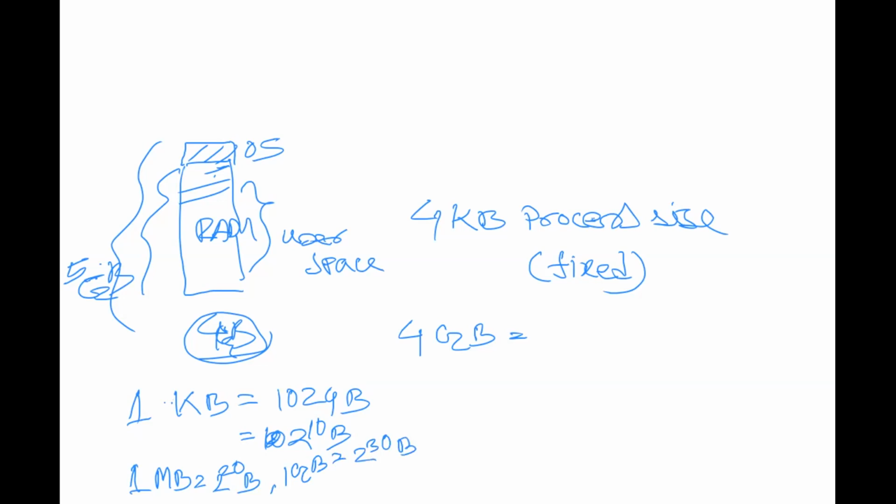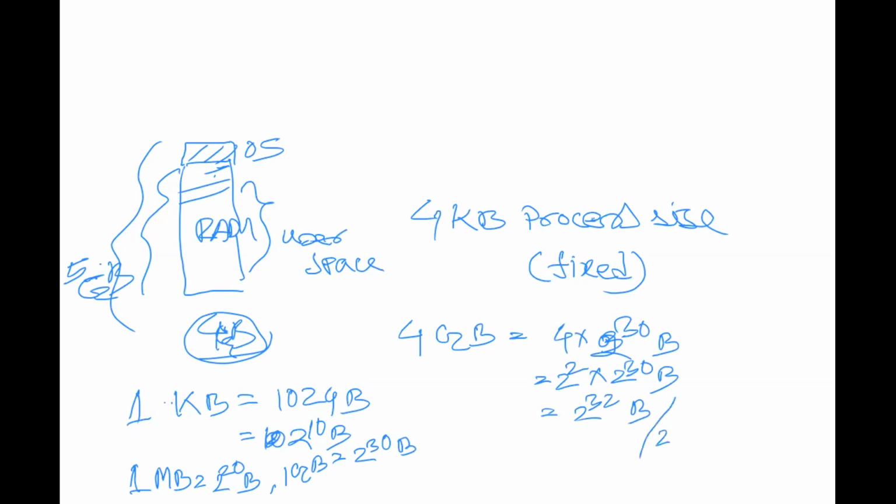So 4 GB is 4 times 2 to the power 30 bytes, which is 2 squared times 2 to the power 30, that is 2 to the power 32 bytes. And our process size is 4 KB.